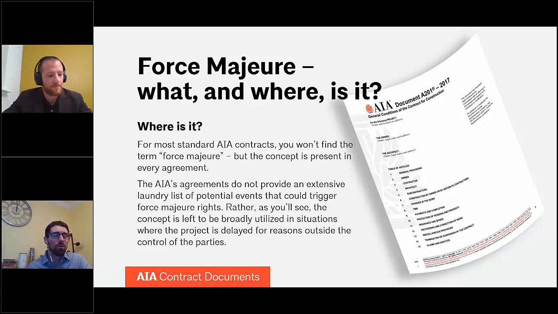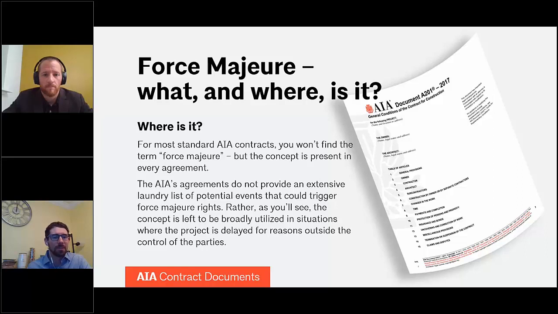Part of the reason for that is that in some jurisdictions in the U.S., there is some case law to support the notion that a broadly worded force majeure clause or a broadly worded delay clause actually inures to the benefit of the parties, because courts are allowed to interpret it a little bit more broadly.